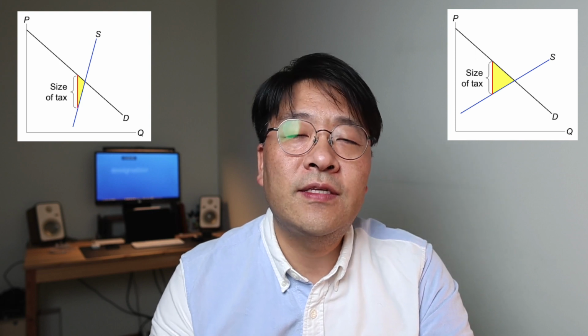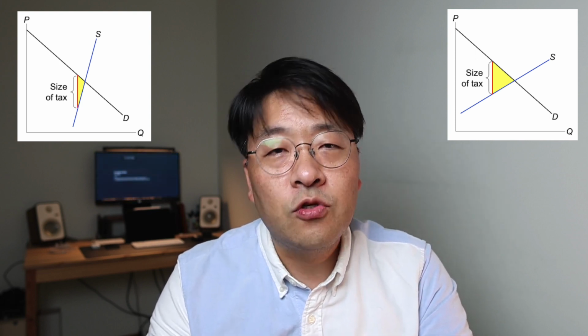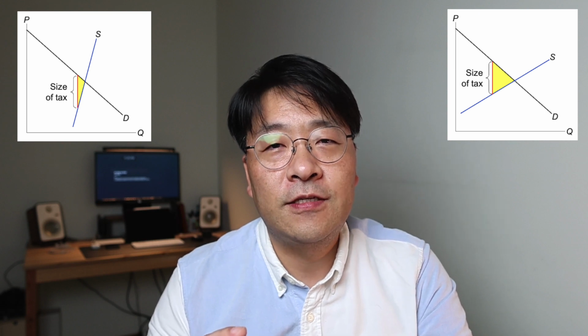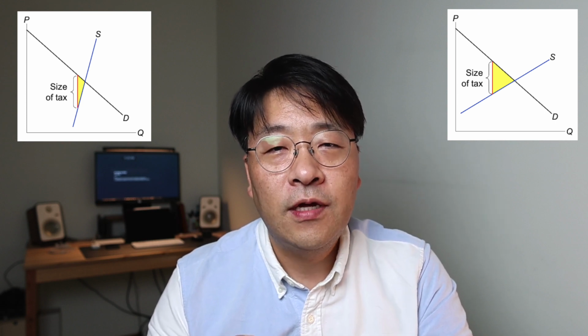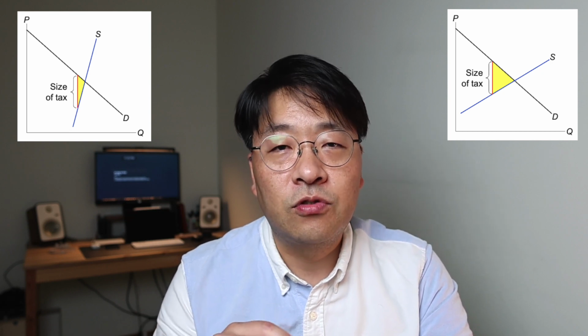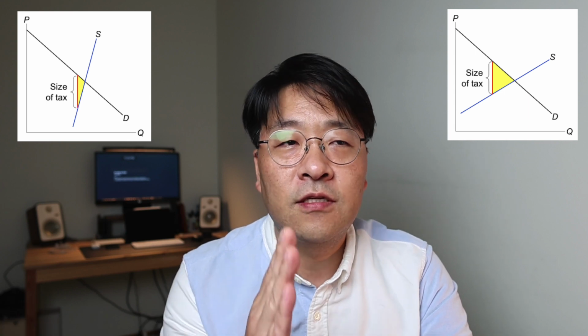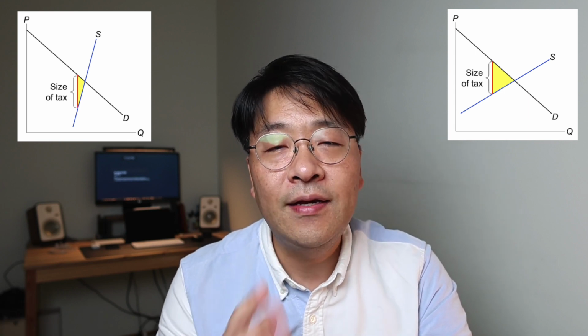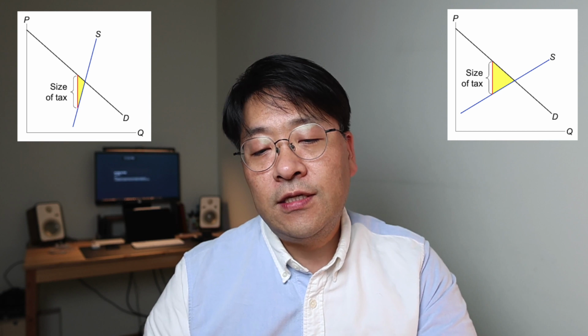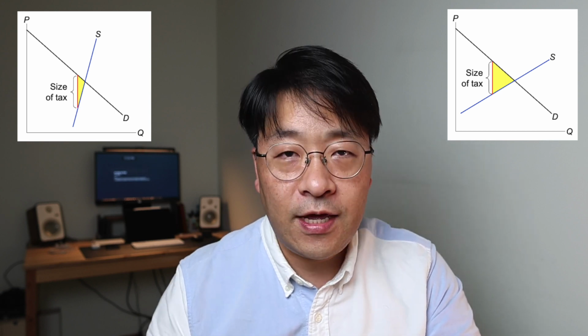So how can we guess that? How can we directly prove this? Let's say the vertical distance is the base of the triangle, and we draw a 90-degree angle from the original equilibrium point to the vertical line of the tax. The quantity is hugely impacted by the price change after tax.